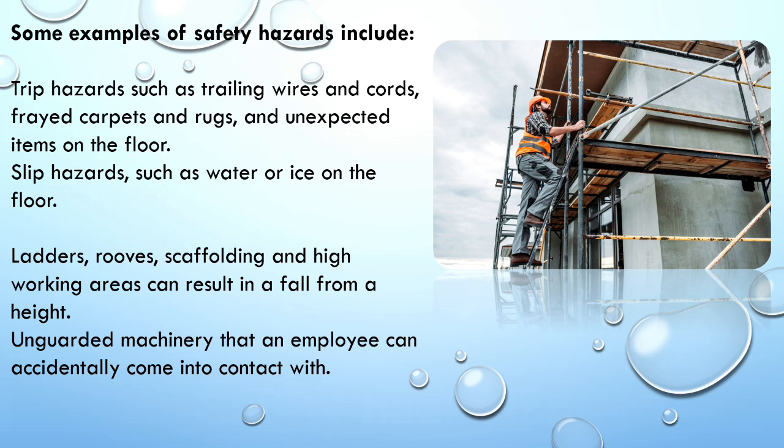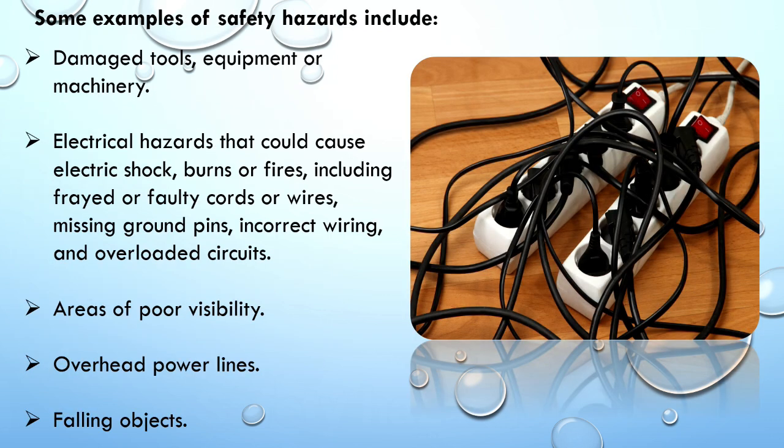Ladders, roofs, scaffolding, and high working areas can result in a fall from a height, and garden machinery that an employee can accidentally come into contact with. Damaged tools, equipment, or machinery. Electrical hazard that could cause electric shock.